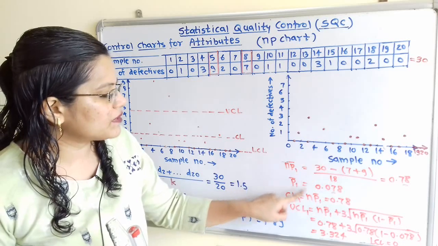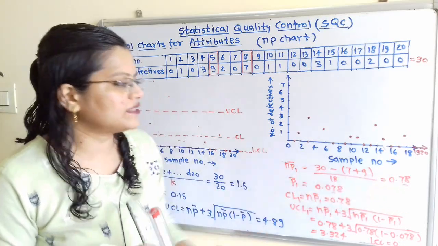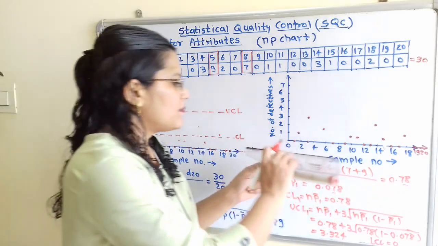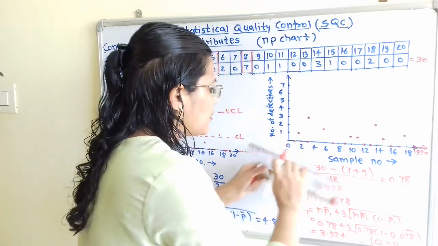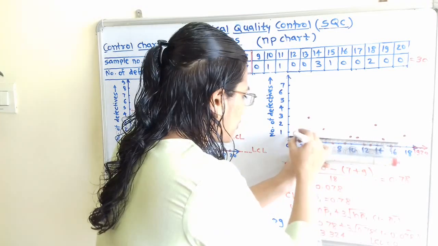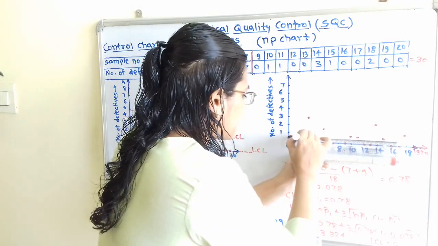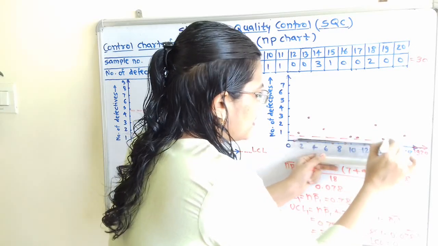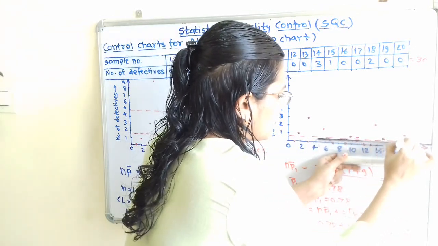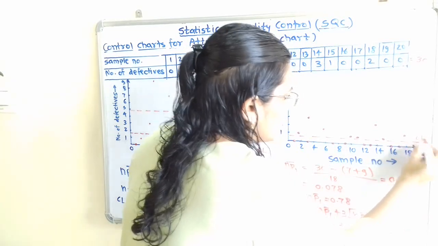That is NP1 bar, which is equal to 0.78. So I will mention here 0.78, that is slightly below this one. So I will draw one line here at 0.78. So this is for the center line.